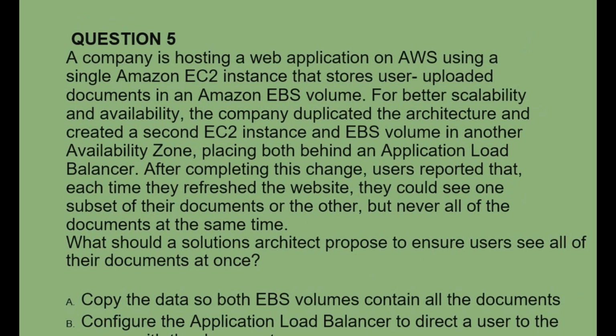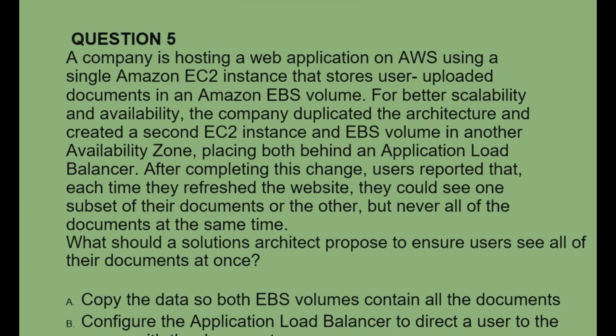Question is, a company is hosting a web application on AWS using a single Amazon EC2 instance that stores user-uploaded documents in an Amazon EBS volume. For better scalability and availability, the company duplicated the architecture and created a second EC2 instance and EBS volume in another Availability Zone, placing both behind an Application Load Balancer.